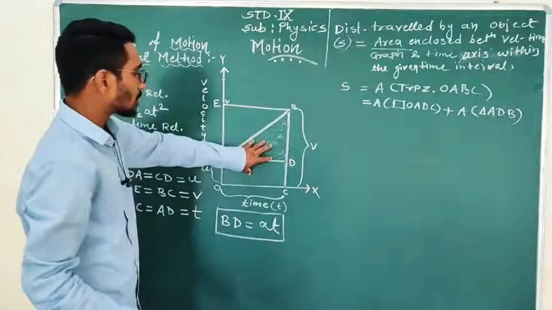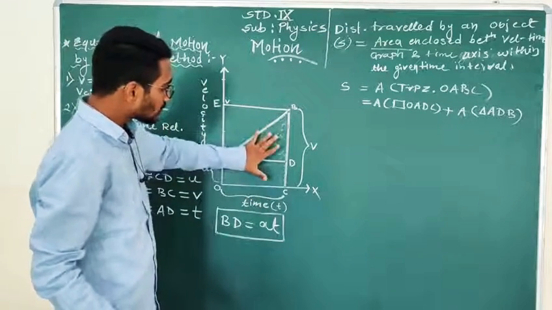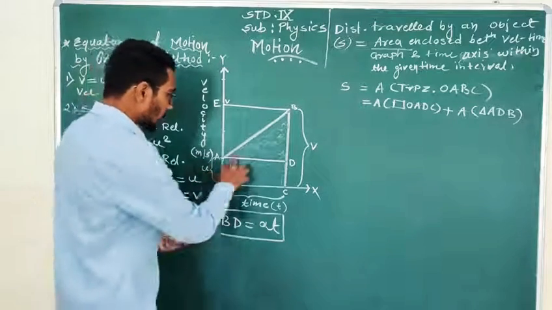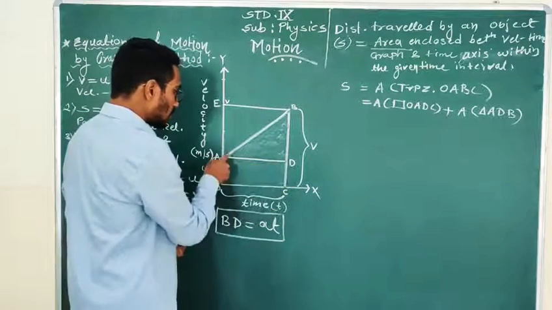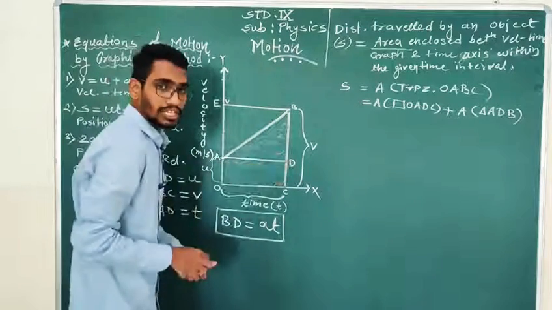So you will get this trapezium OABC. You can calculate the area of this trapezium by another method, that is area of rectangle OADC plus area of triangle ADB. Add this and this, and you get the area of the trapezium.